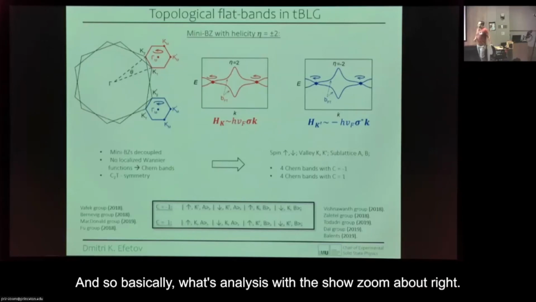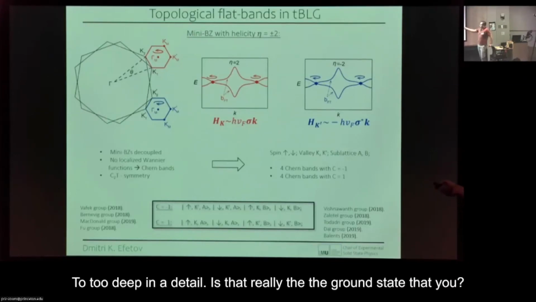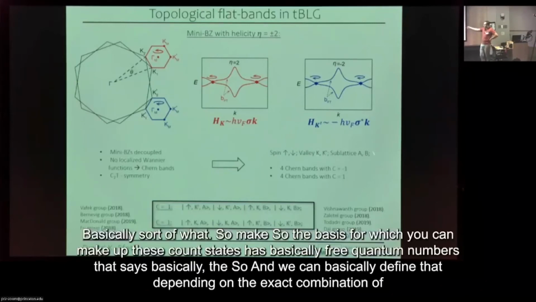And so basically what the analysis shows you, without going too deep into detail, is that the basis from which you can make up these ground states has basically 3 quantum numbers: spin, valley, and sublattice.